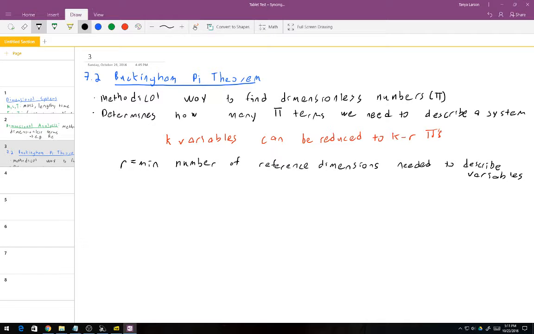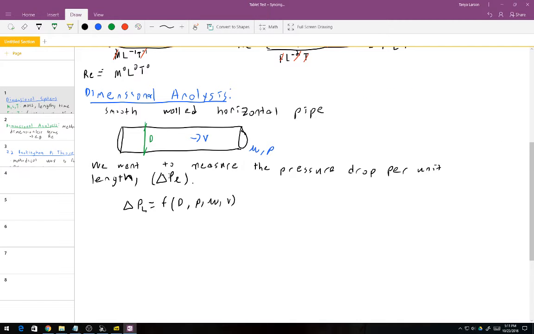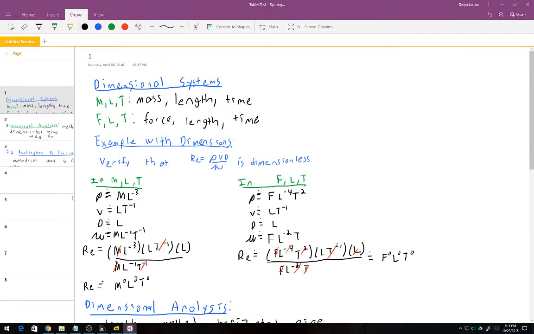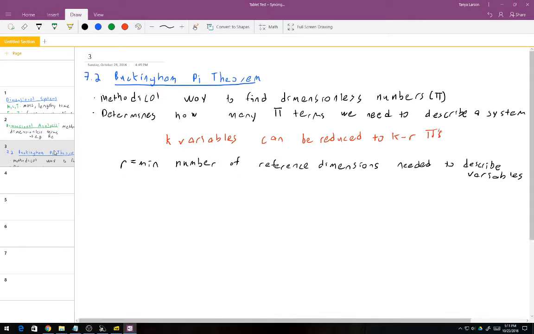And what I mean by reference dimensions. If I go back up here and look at, for example, mu, it has m, l, and t. So just for mu, I'm going to need 3 reference dimensions. The maximum number of reference dimensions is 3 for any given system, but again, this describes the number of reference dimensions needed to describe all of the variables that you are using in your system.